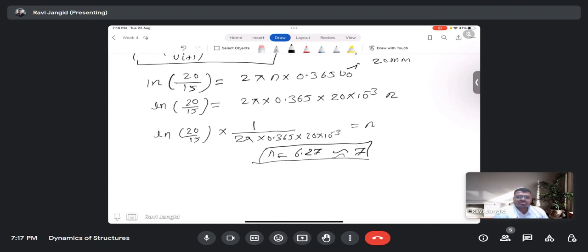Because all the units are in meters, everything in SI units. Here you can do it also, but there it will cancel out. Here nothing is to be cancelled out, so that's why we need to do the multiplication.